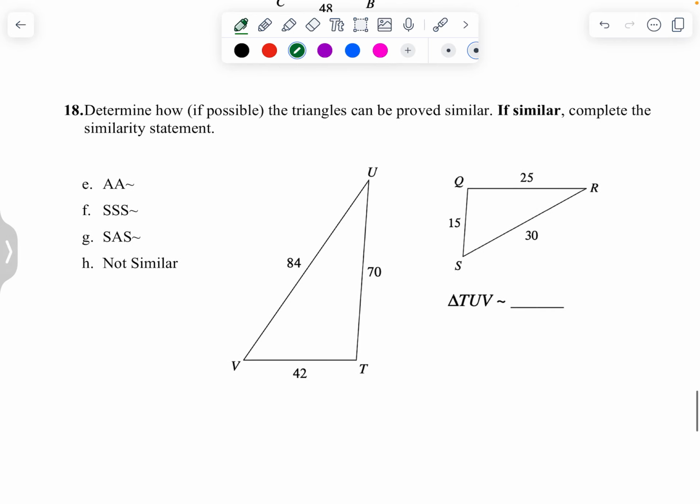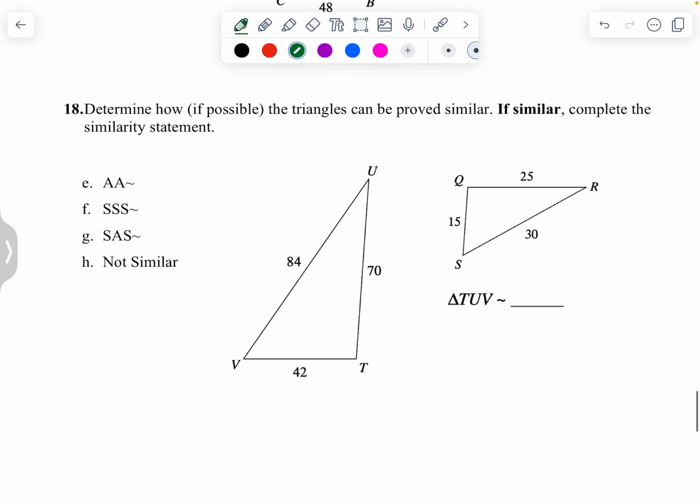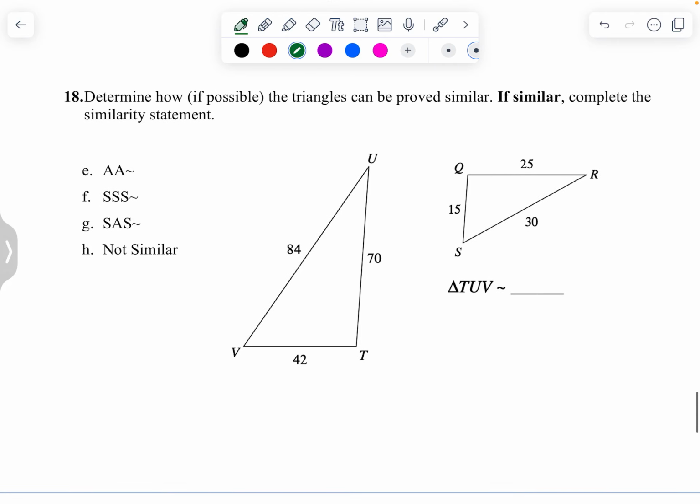All right, let's do this again. Here we're only given information on sides. Let's check and see if the sides are proportional. Shortest over shortest, 15 over 42. We're going to compare that to 25 over 70 and compare that still to 30 over 84.